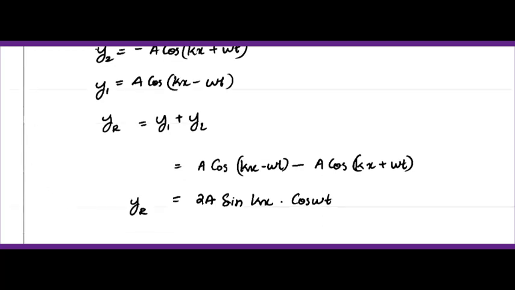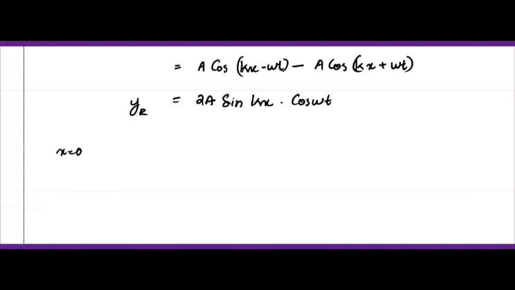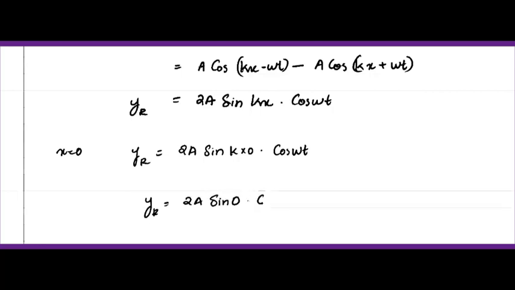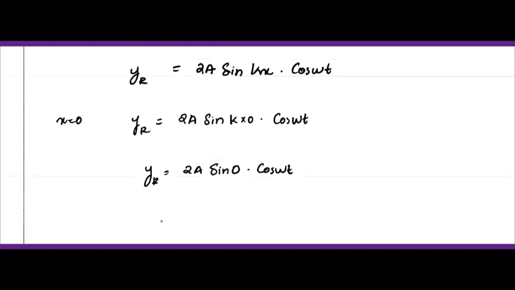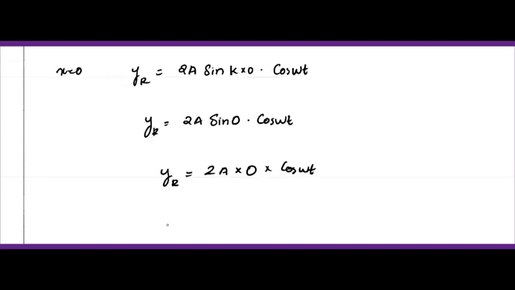Now we are going to substitute x equals 0. At x equals 0, y resultant will be 2a sin(k into 0) into cos omega t. So yr equals 2a sin 0 into cos omega t, and sin 0 is 0, so the y resultant will be equal to 0.